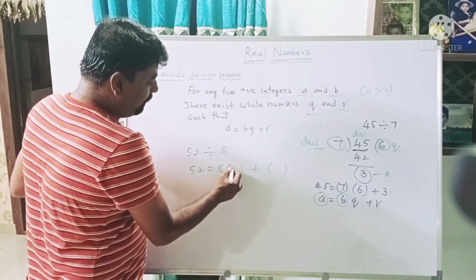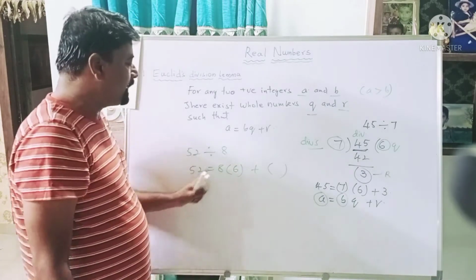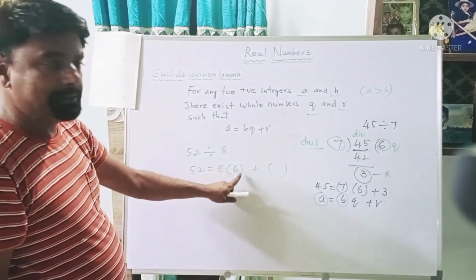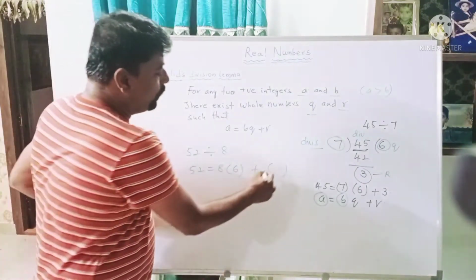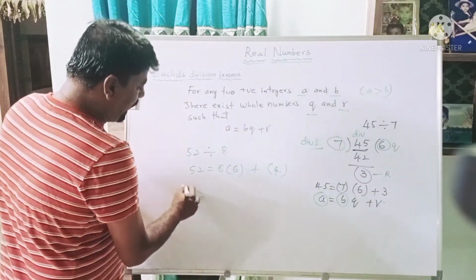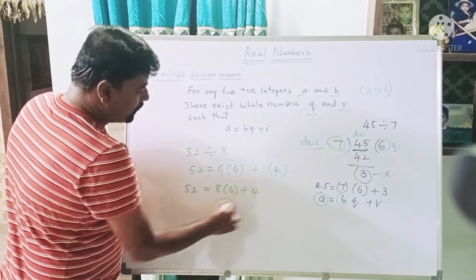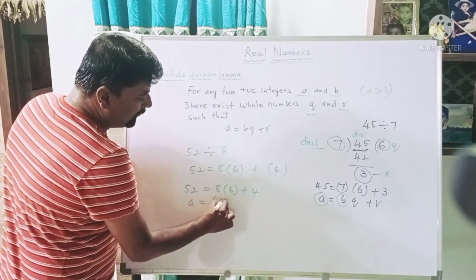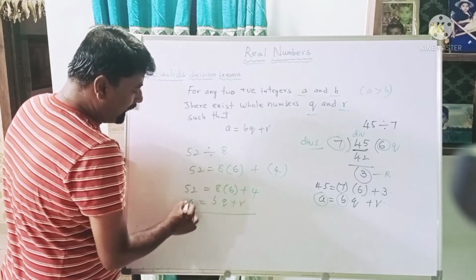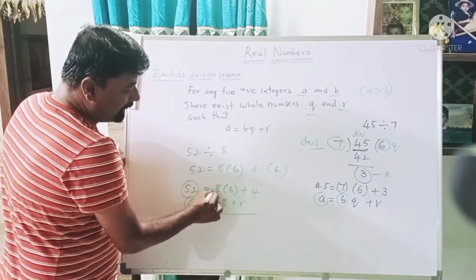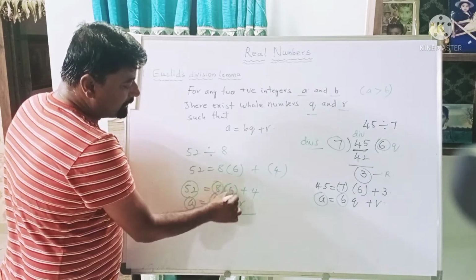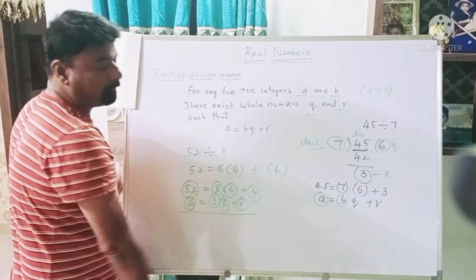So 8 sixes are 48, and you will get 4 as the remainder. Therefore, you can write 52 is equal to 8 into 6 plus 4. This is in the form a is equal to bq plus r. Here a is 52, b is 8, q is 6 and the remainder r is 4.